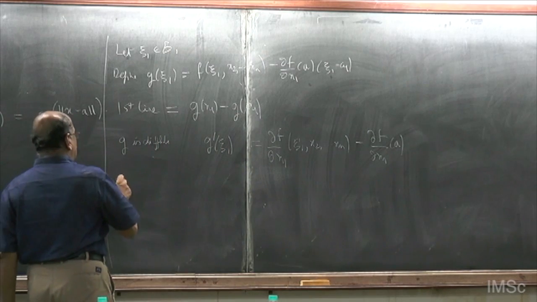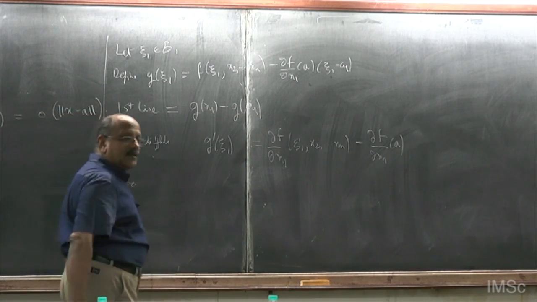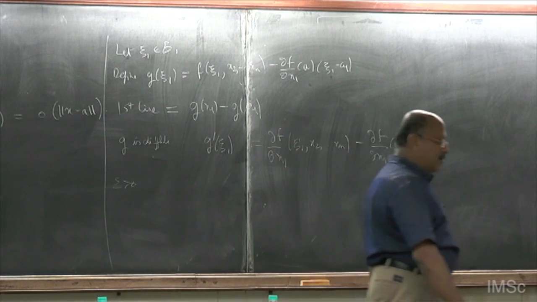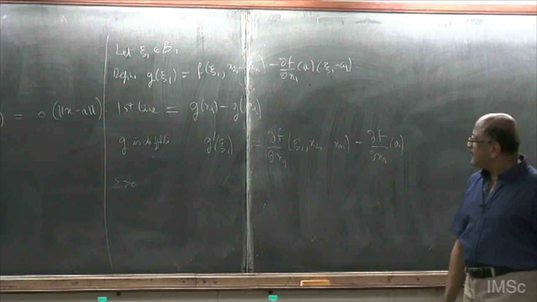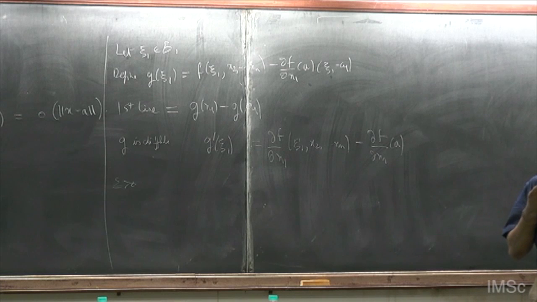So let epsilon be greater than 0. Now I am going to use the hypothesis that the partial derivatives are continuous.